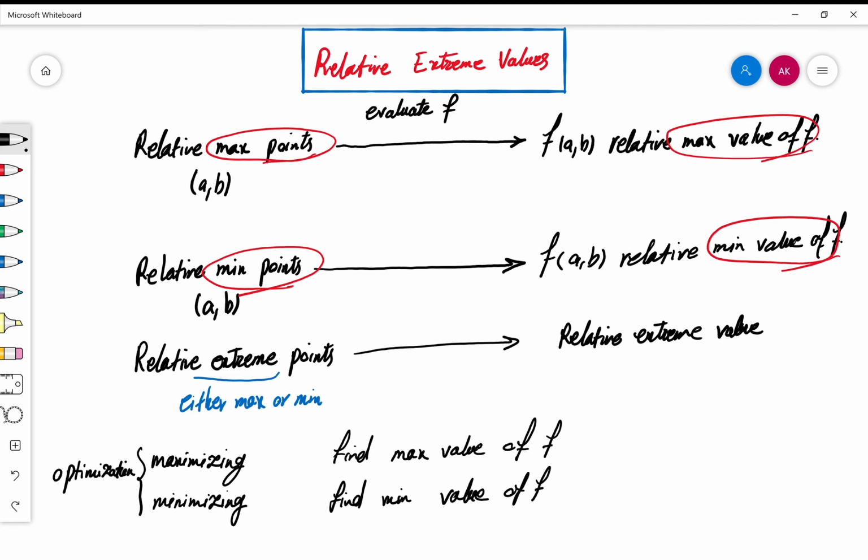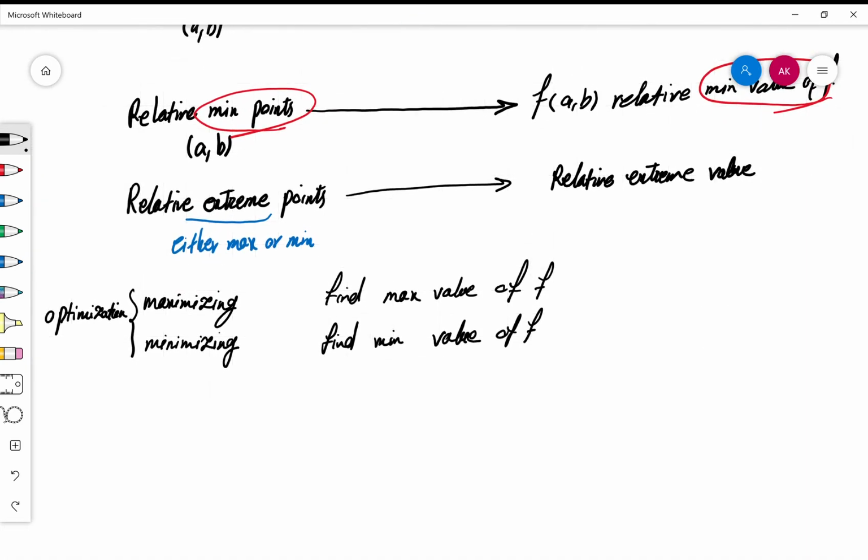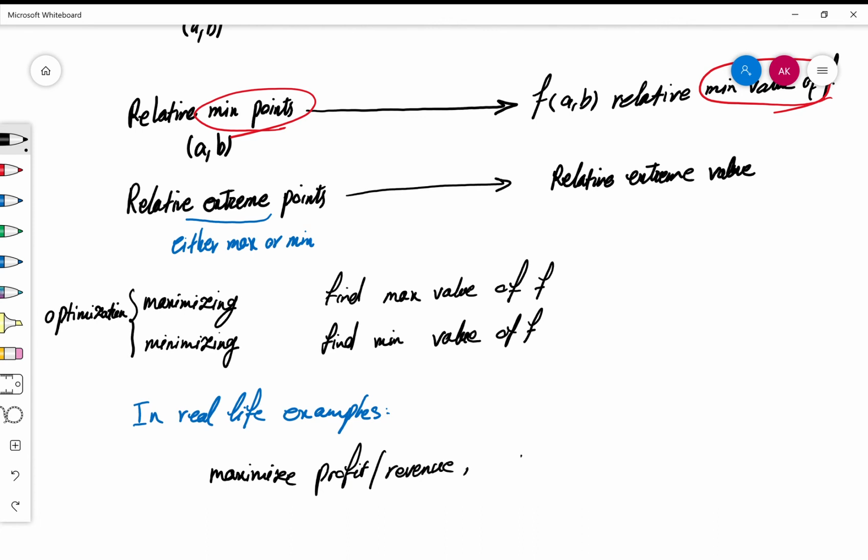In real world examples, such as if I have functions like a profit function or revenue function, basically in business examples especially, what we try to do is maximize profit or revenue, or we have cases where we look to minimize cost or expenses.